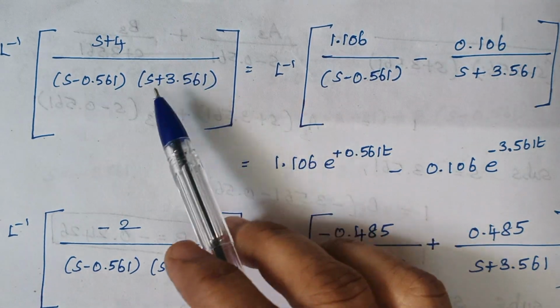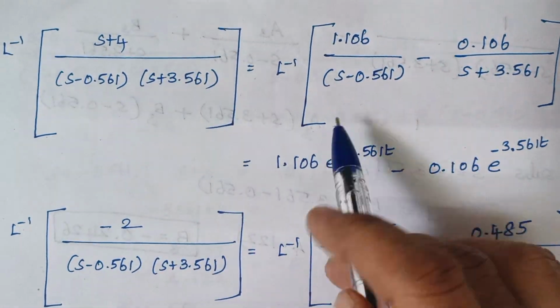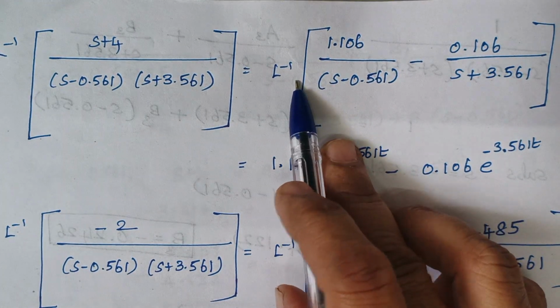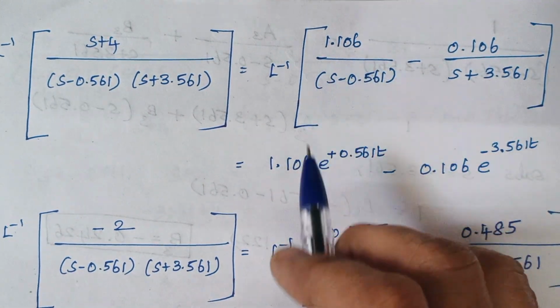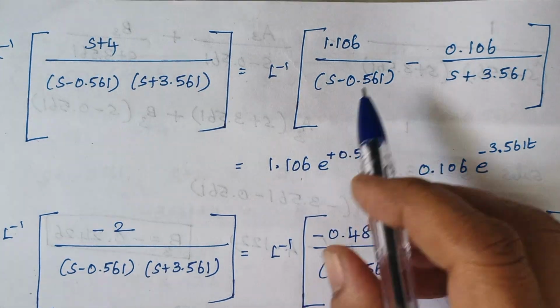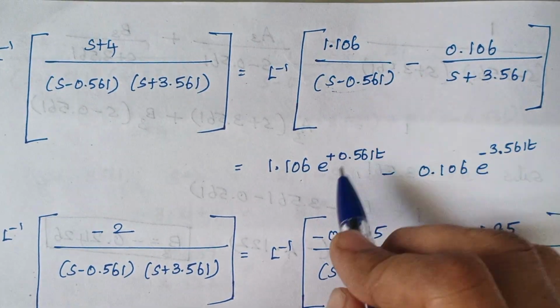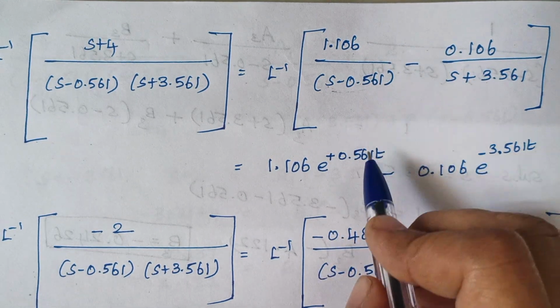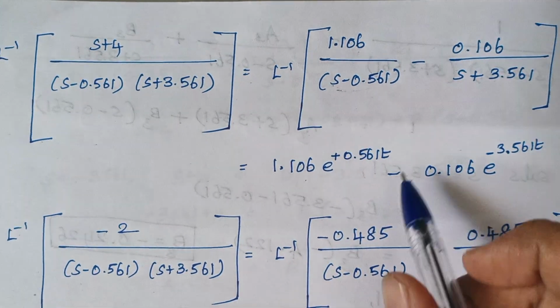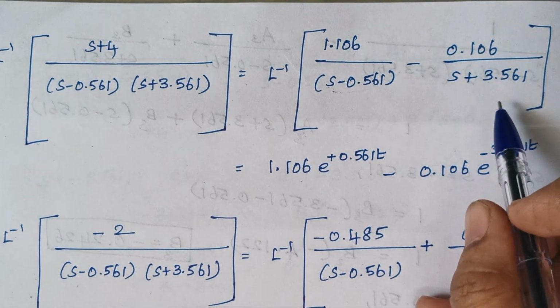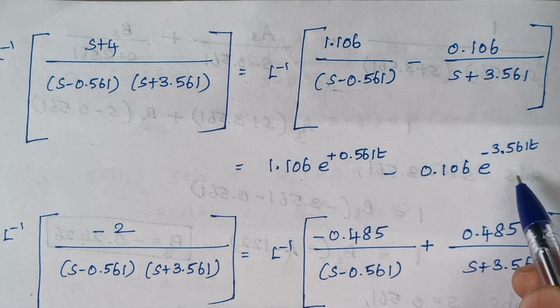So here for this expression we are getting the answer as this. So when you take inverse Laplace, right, here we are having a constant, so write the constant as such, and here it is, that is S minus this term should be written as e power plus 0.561t, right, minus 0.106 and again e to the power minus 3.561t.